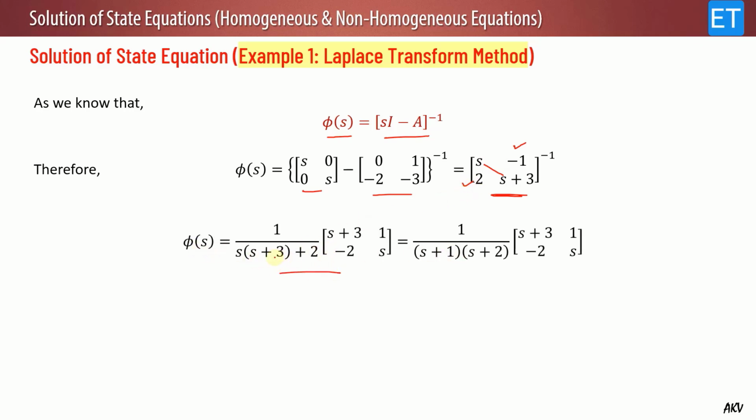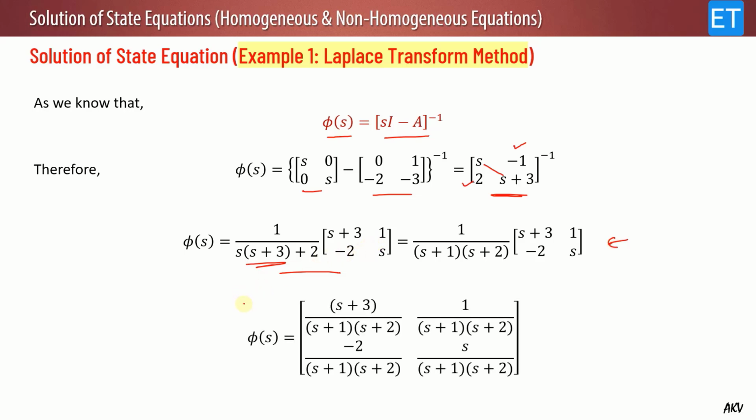So that is your phi s, and considering the factors of this determinant, that is s plus 1, s plus 2. It is the same actually, because the matrix A is the same as in the previous example, so the procedure is the same. So all 4 elements are divided by these two factors, s plus 1 and s plus 2, like this. So this is your matrix phi s. So phi s is also known. It is very easy to find.